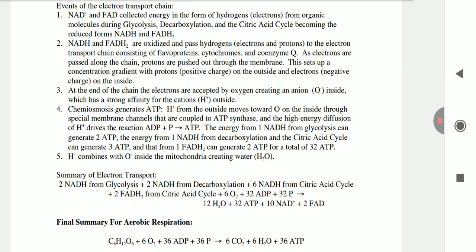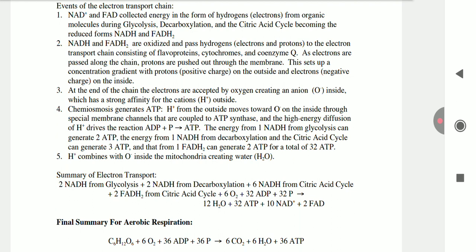Fourth, chemiosmosis generating ATP. H positive from the outside moves toward the inside through special membrane channels that are coupled to ATP synthase, and the high energy diffusion of H positive drives the reaction ADP plus Pi gives ATP. The energy from one NADH from glycolysis can generate 2 ATP. The energy from one NADH from decarboxylation and the citric acid cycle can generate 3 ATP, and that from one FADH2 generates 2 ATP, for a total of 32 ATP.